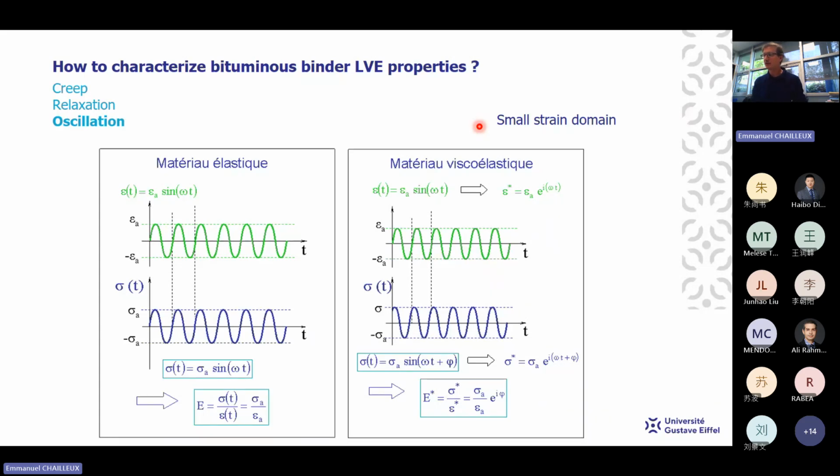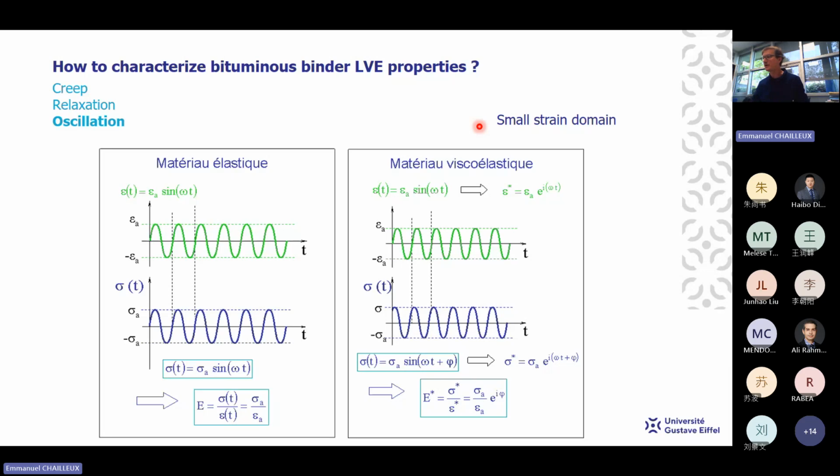In this case, the complex modulus is composed of an absolute value, which is the ratio between the amplitudes of the sinusoidal signals. So it's more or less the Young modulus applied to a viscoelastic material. But we also have another parameter, which is the phase lag between the two signals, which is the argument of the complex modulus.